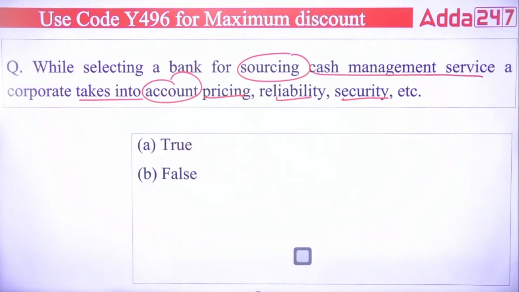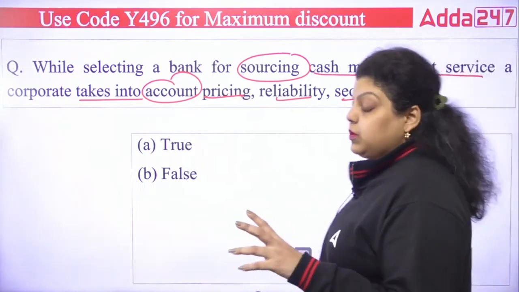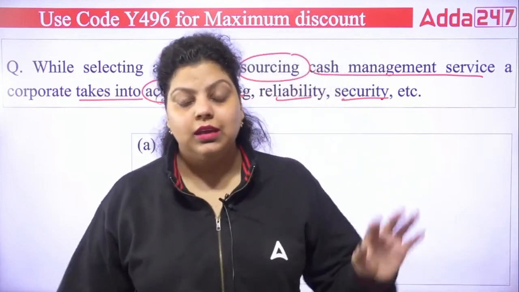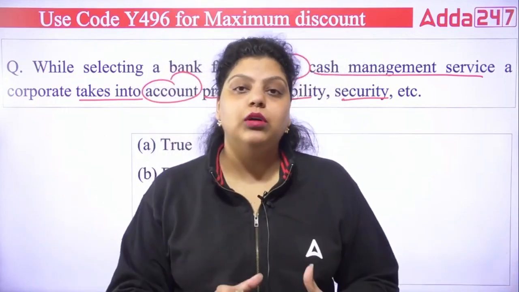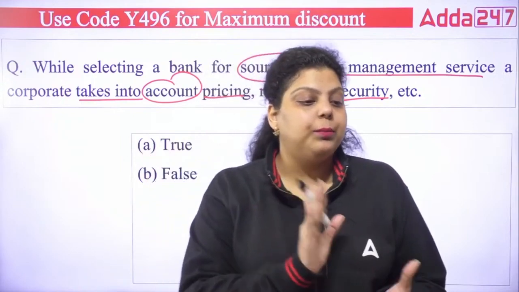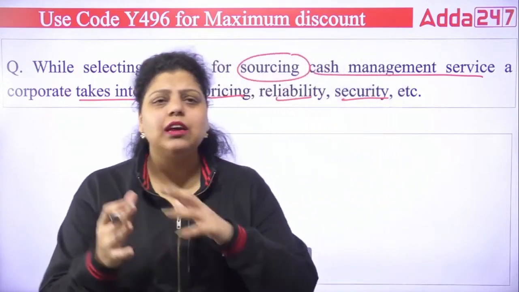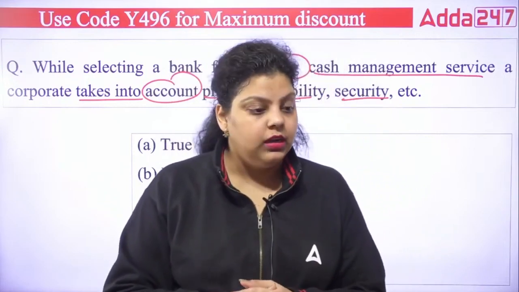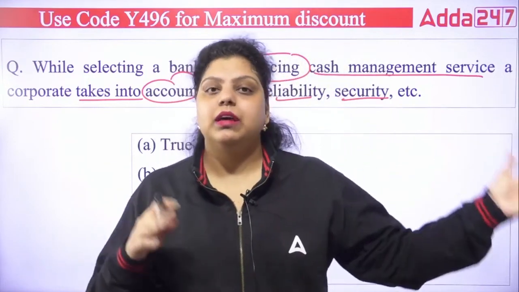So it's very obvious that when you are taking the cash management service from a bank, when you are deciding from which bank you want to take this service, at that point you will do a proper survey about the bank or the service it is providing you, right? And the same will be done by the bank.